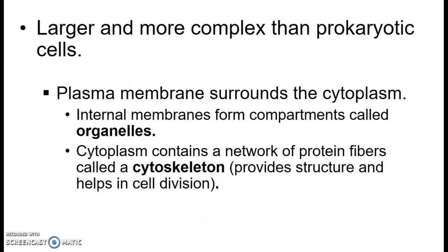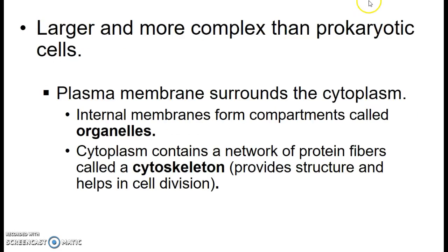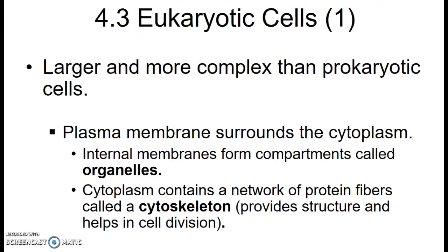Okay, so moving on to eukaryotic cells. Eukaryotic cells are larger and more complex than prokaryotic cells. They're surrounded also by a plasma membrane, and they have an internal membrane system that form compartments, which we can think of as organelles or cell parts.